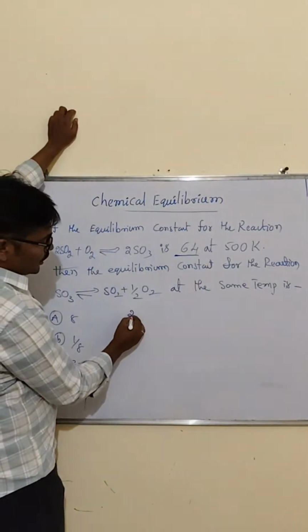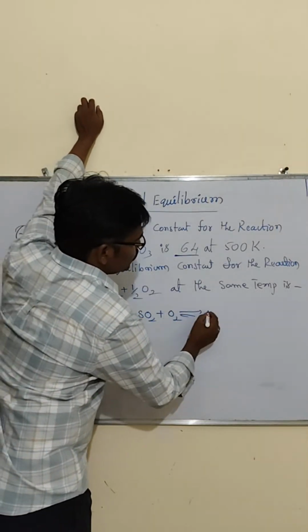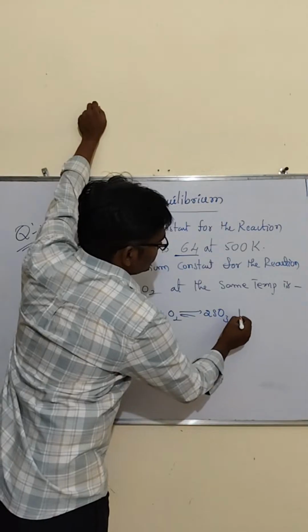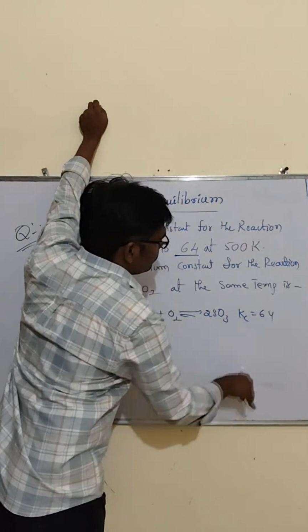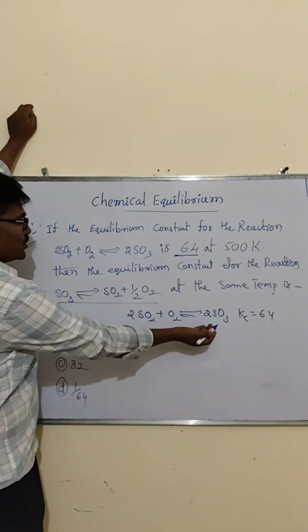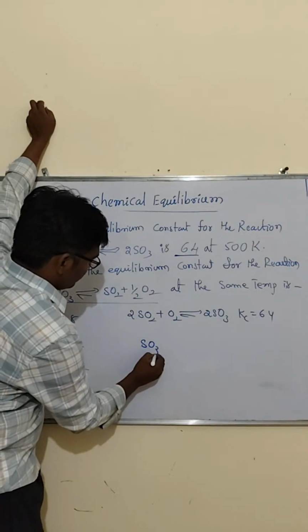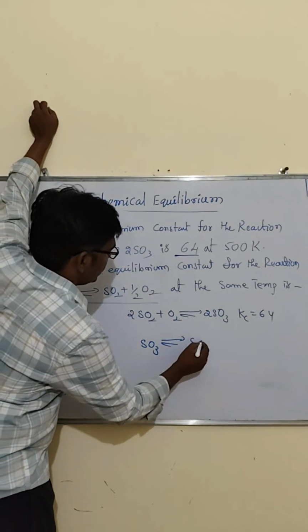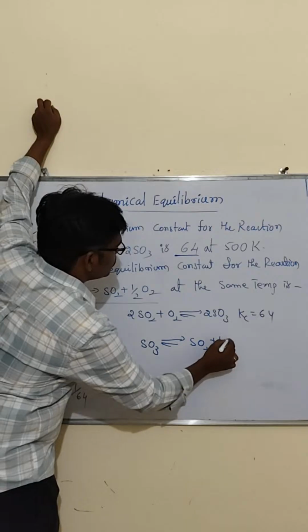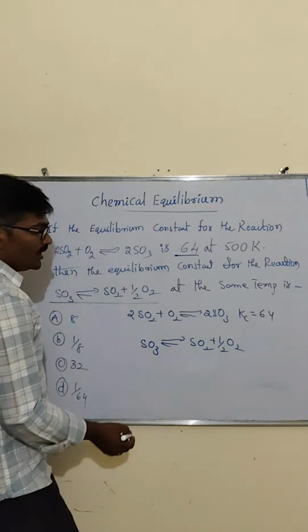For the reaction 2SO2 plus O2 gives rise to 2SO3, the Kc value is given, that is 64. Then there is one more equation, that is the reversed equation. SO3 was on the product side, now it came to the reactant side. SO3 gives rise to SO2 plus 1 by 2 O2. This is the same reaction written in reverse and multiplied by 1 by 2.